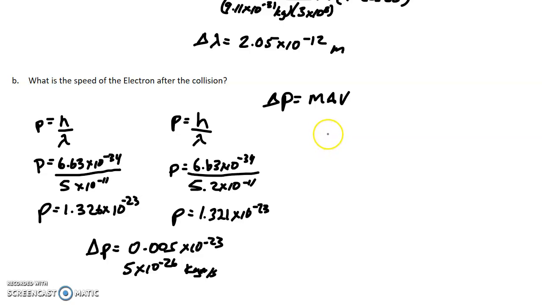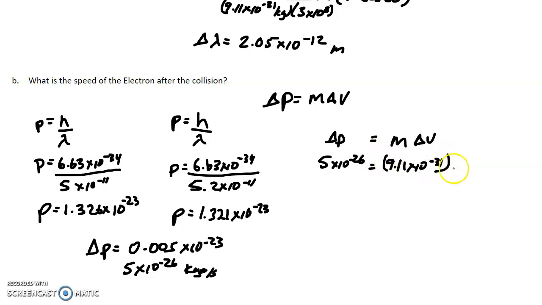So we're just going to do this change in momentum. This 5 times 10 to the negative 26 is equal to the mass of the electron times delta v. The electron mass being 9.11 times 10 to the negative 31, times the change in velocity.